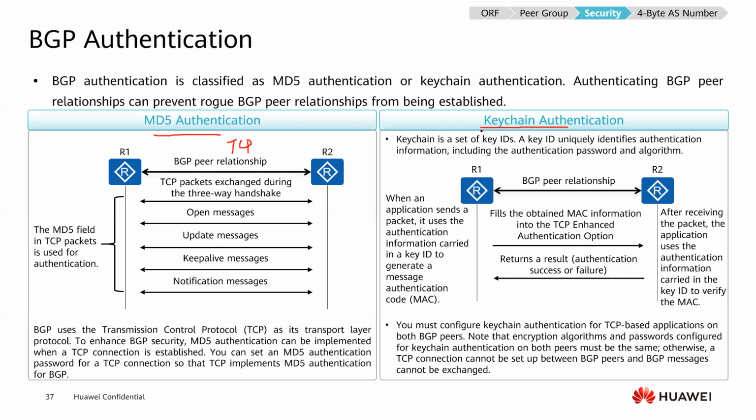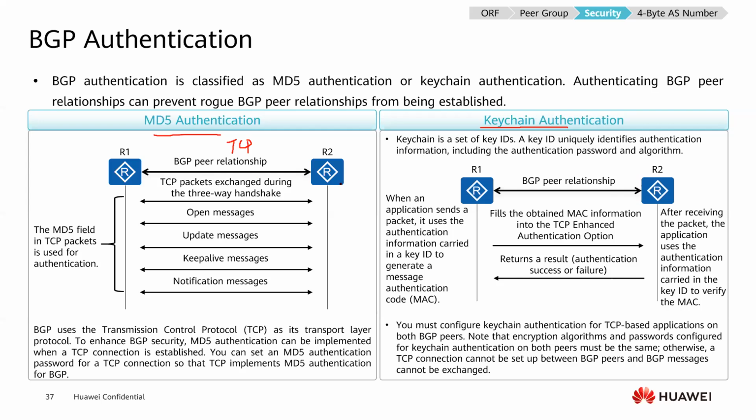For the keychain, the algorithm is complex to configure, and it will generate a set of passwords. Keychain authentication allows passwords to be changed automatically based on the configuration. Therefore, the keychain authentication is applicable to networks requiring high security.